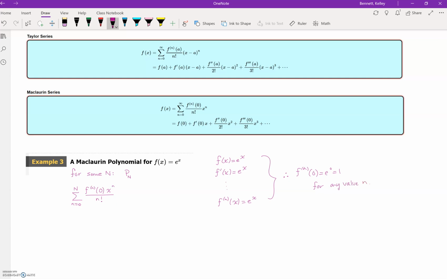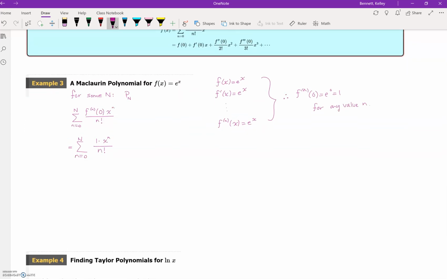So that means that because I know that the nth derivative evaluated at 0 for any value n is equal to 1, I can just say that this is 1 times x to the n over n factorial. Moreover, I could just omit that 1 in general and say this is the sum from n equals 0 to some arbitrary capital N of x to the little n over n factorial.